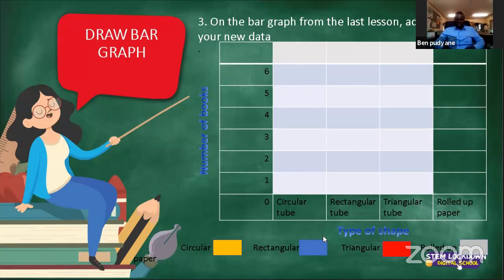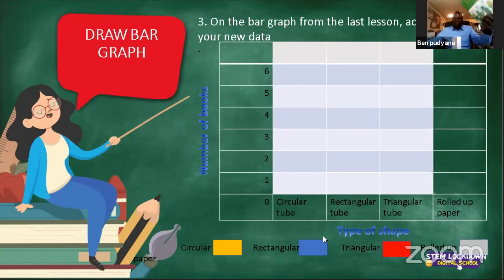Look, now it falls on number 10. 10 books, it falls down. Now I'm coming to this one, the triangular one. That one managed to carry 10 books. Now let's come to the triangular.